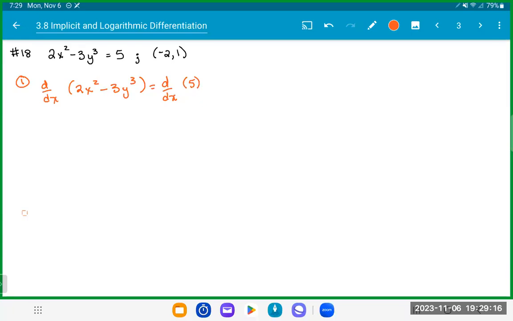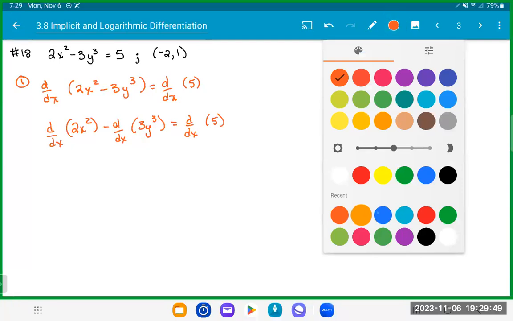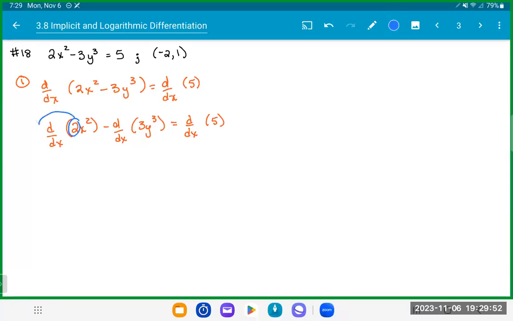So that actually becomes d dx of 2x squared minus d dx of 3y cubed equals d dx of 5. The derivative of this first element becomes 4x, 2 times 2x. I'll write that out here to help visualize, so we can bring the constants out to the front.